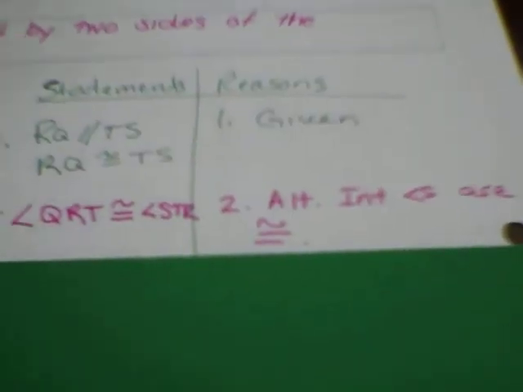And I go through step 1. I'm just listing my reasons. I'm listing that there's two lines that are parallel and those two lines are also congruent to each other. In step 2, I'm going to state that those two angles, QRT and STR, are also congruent because they're alternate interior angles. And I can say that because we've got those parallel lines.